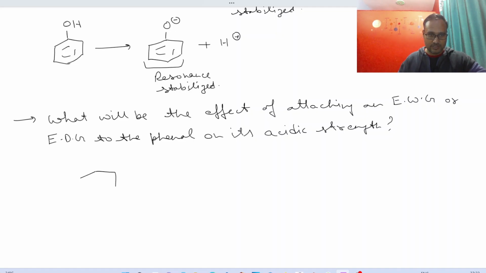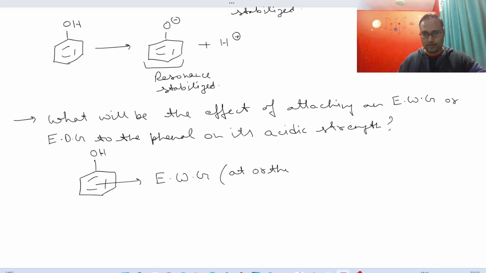So if an electron withdrawing group is attached on phenol at the ortho and para positions, then it's going to stabilize this phenoxide ion.